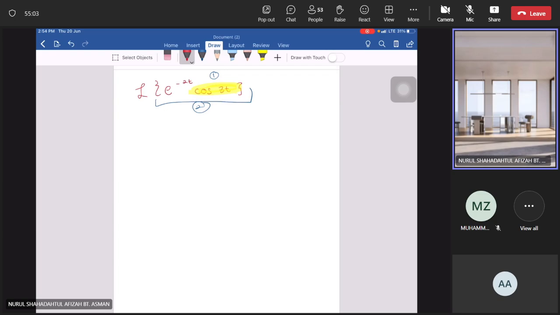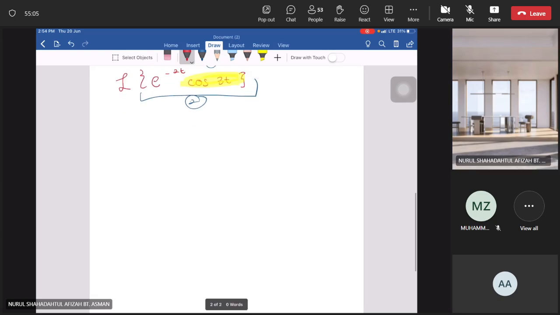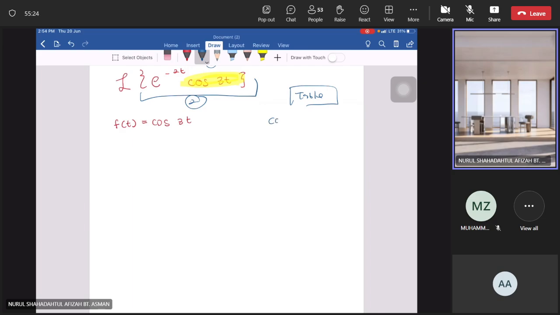So the first one is the function f(t) equals cos 3t. So this one, referring to the table, cos at is s over s squared plus a squared.